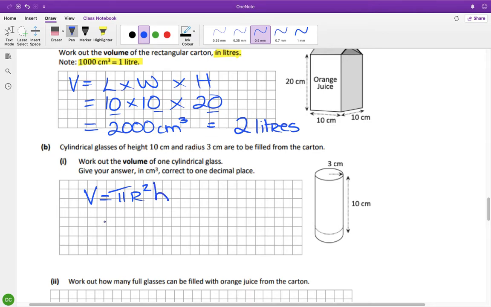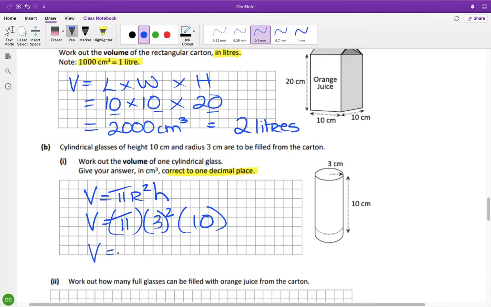It doesn't give us anything for pi, so we'll just press the button on our calculator. The radius is 3, don't forget to square it, and the height is 10. So I'm literally typing bracket, pi, close bracket, open bracket, 3, close bracket squared, open bracket 10, close bracket, equals. Now it comes up as 90 pi, but they want it to 1 decimal place, so you'll have to press the SD button to change it.